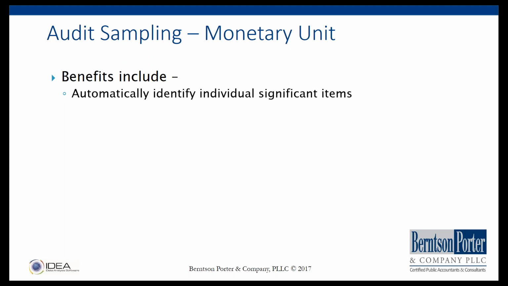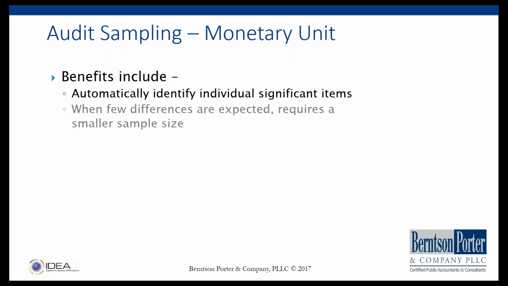And so monetary unit almost kind of skips that. It does set a threshold, but it's done in IDEA through the process, so you don't have to do it separately and then come into IDEA and dictate all that information. It'll automatically identify what's considered an individually significant item based on what you've determined for your thresholds, and it'll automatically select those items as part of the sample as well.